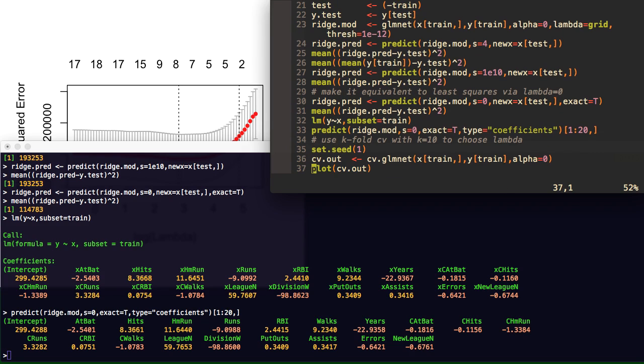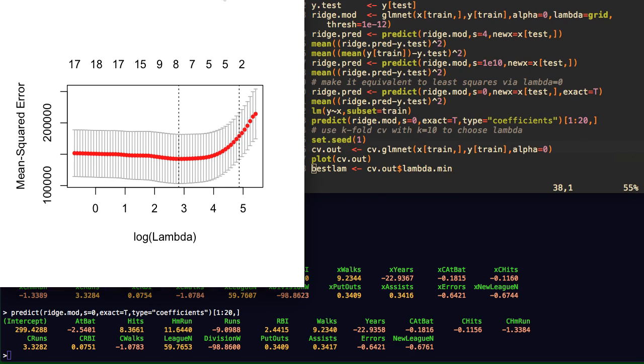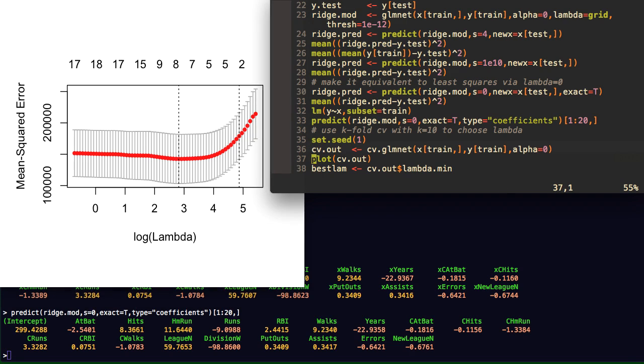So we're going to run GLMNet's cross-validation method. The GLMNet function has this cross-validation method. Did this not work?